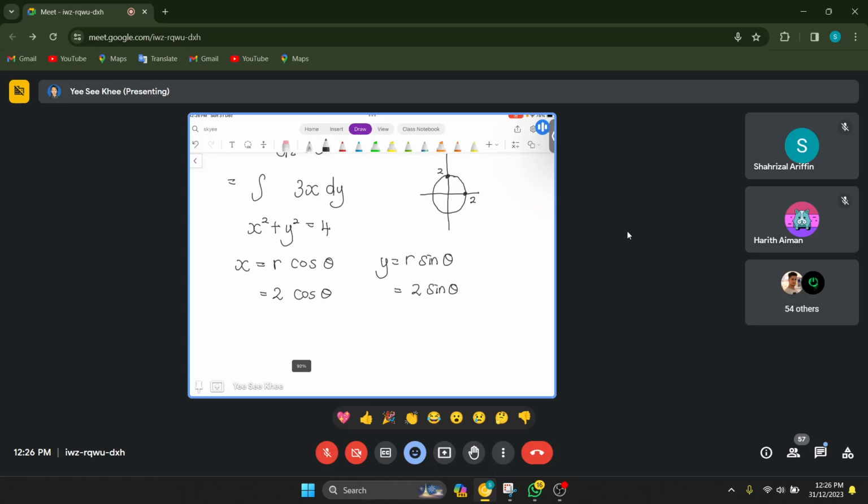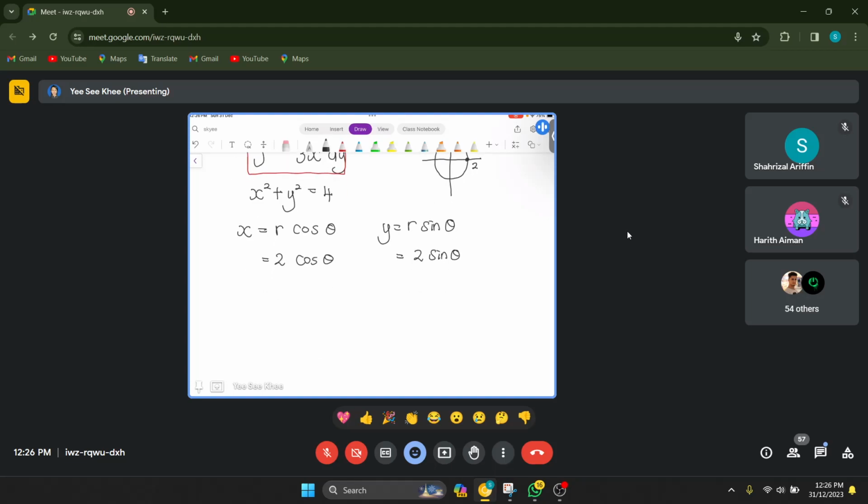Now I want to convert my integral into theta, because r could be replaced but theta could not. So dy will be 2 cos theta d theta.